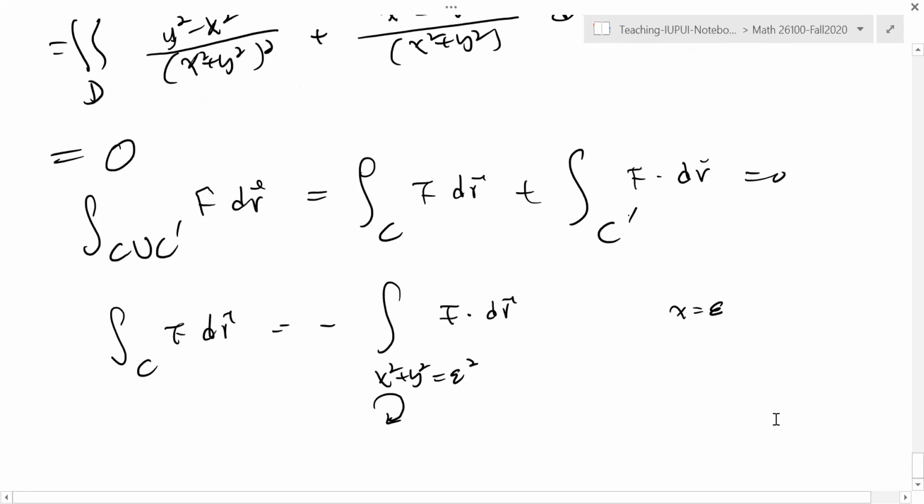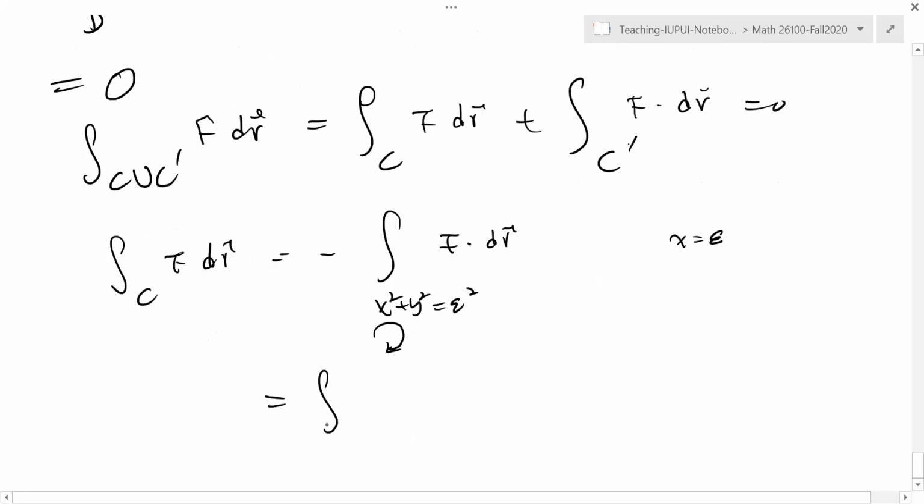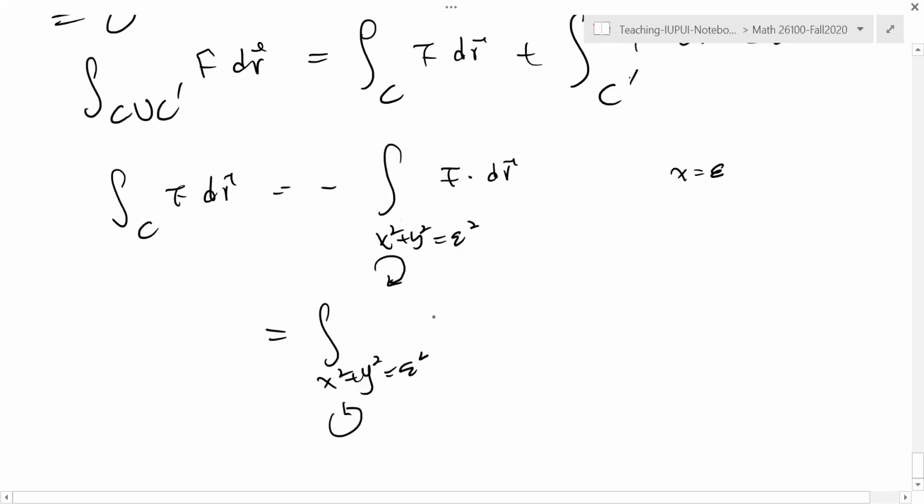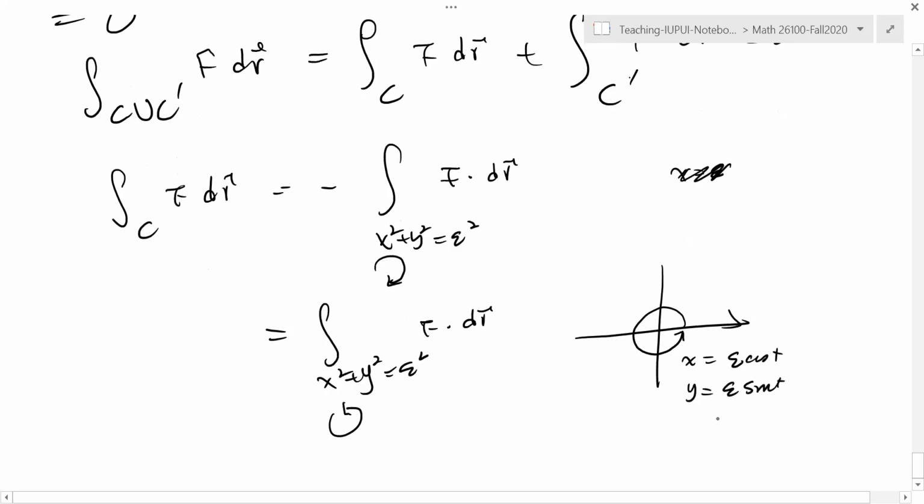Then if you want to change the orientation, it will still be the same circle, counterclockwise. For the tiny small circle oriented in that way, x is going to be epsilon cosine t, y is going to be epsilon sine t, where t is between 0 and 2 pi.